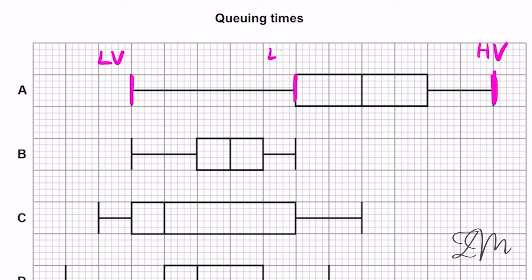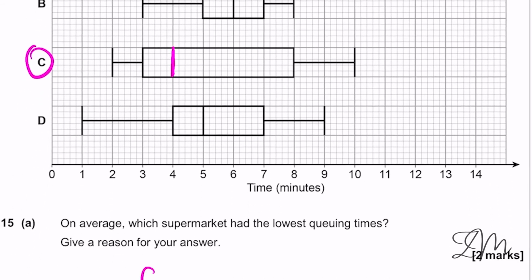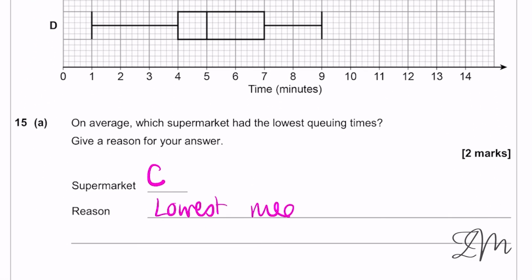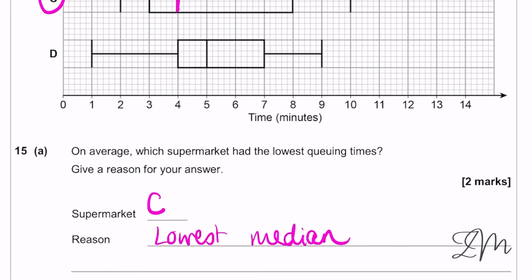This is your lower quartile, which is 1/4 of the way through. This is the median. And this is the upper quartile. So if we're looking for the lowest queuing time, we're looking for the one that has the lowest median, which we can see is here, which is C, and our reason would be it's the lowest median.